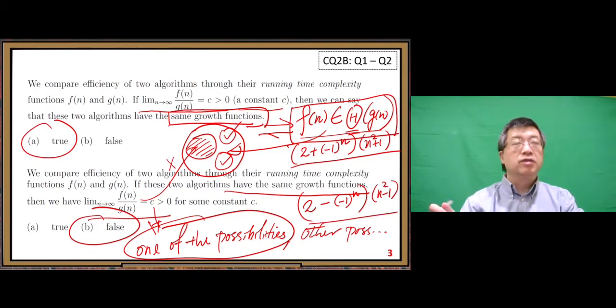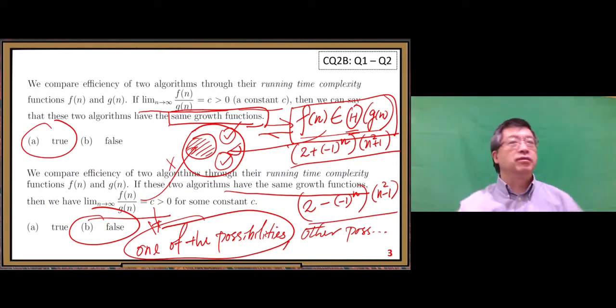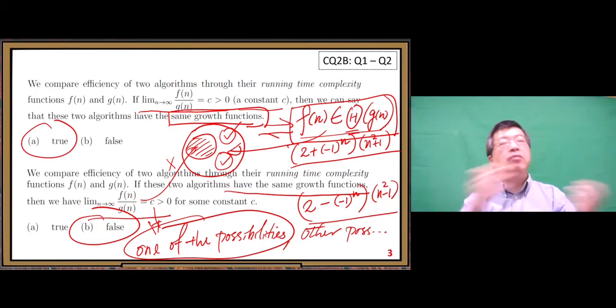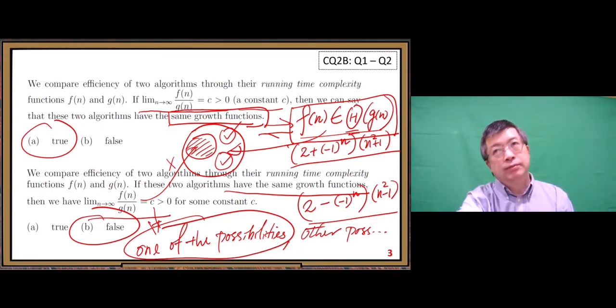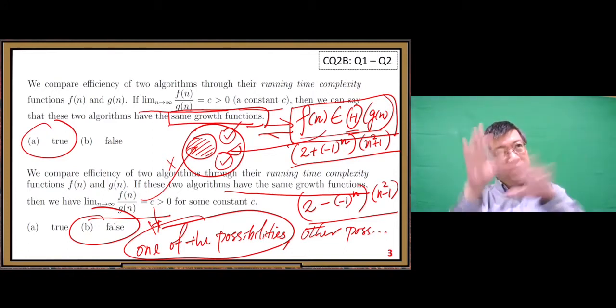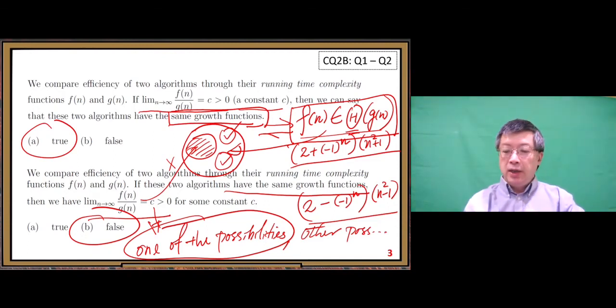These two functions, when n goes to infinity, there is no limit. But they have the same growth function. That's the counterexample. All right, so compare these two questions and try to understand.